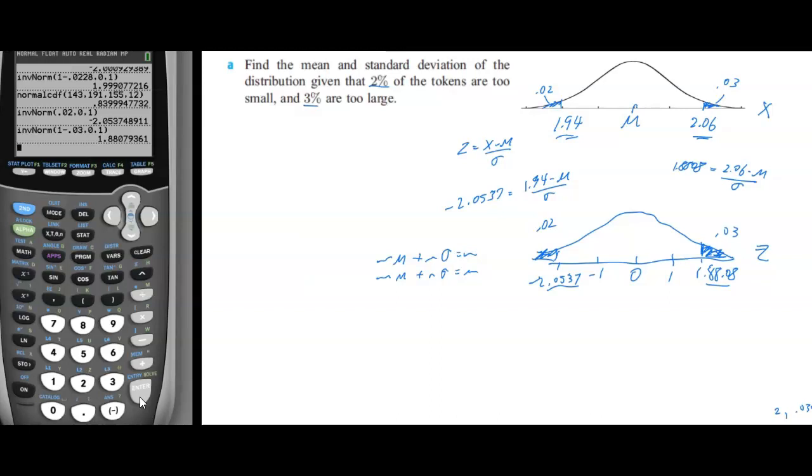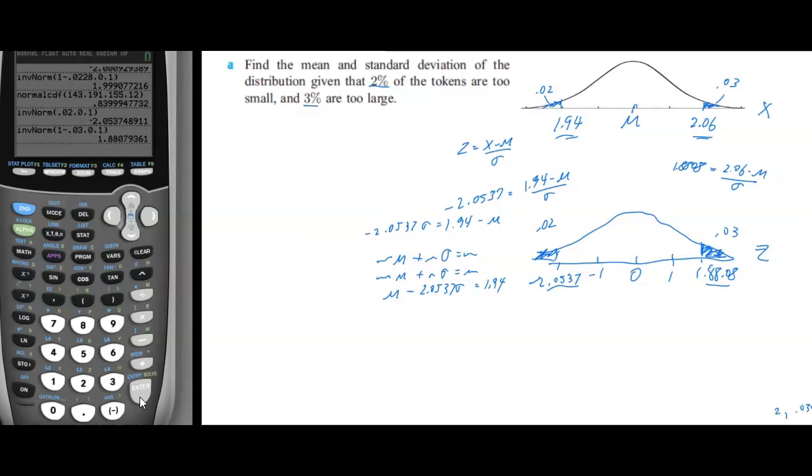Okay, so put negative 2.0537 sigma equals 1.94 minus mu. So we're going to add the mu to both sides, and we'll end up with mu minus 2.0537 sigma equals 1.94.